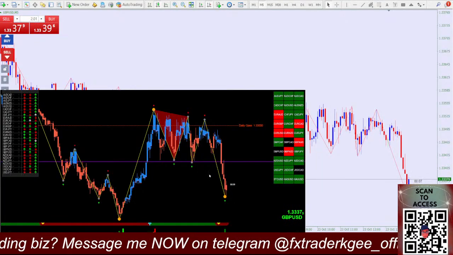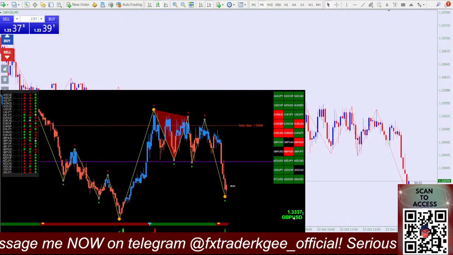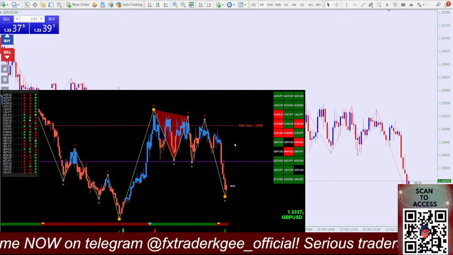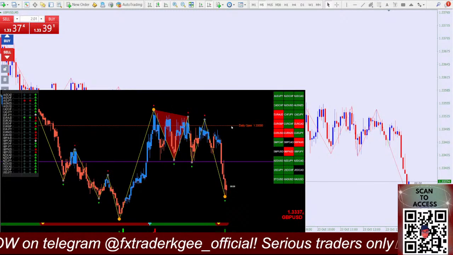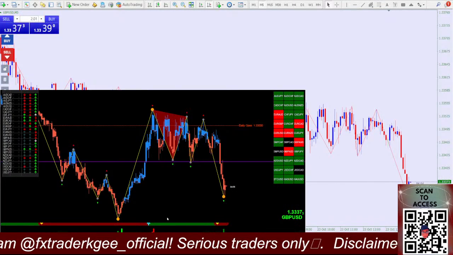Majorly, GBP USD is on the sell side, below the daily open.